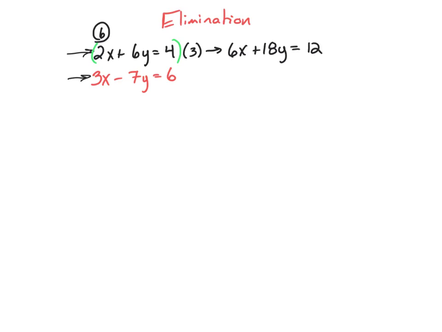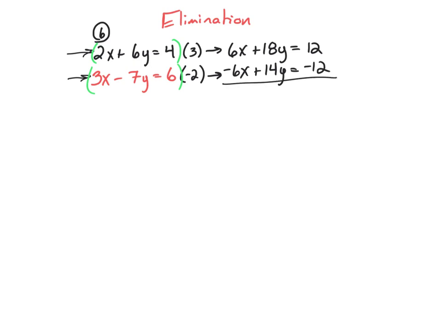Now the second one, since I have a positive 6, now I need a negative 6. Just like the addition problems, they have to be opposites. So I'm going to multiply this one by negative 2. So again, the entire problem by negative 2. So that gives me negative 6x plus 14y is equal to negative 12.